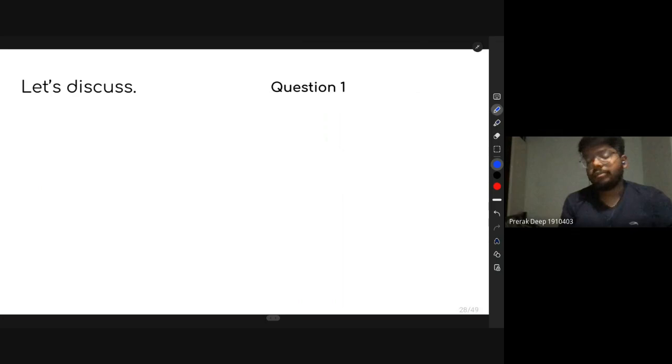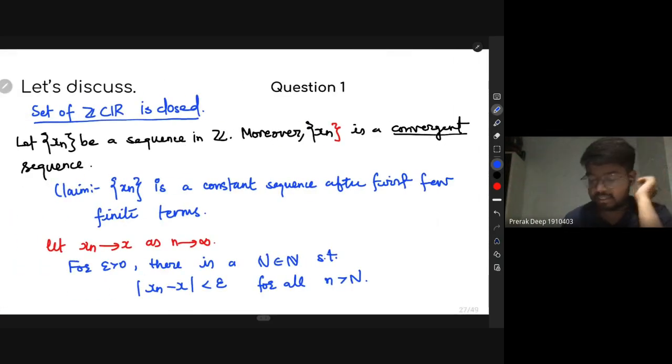So if I look at the neighborhood of x, which is a real number, this means that I'm looking at the epsilon-radius neighborhood centered at x, and it contains the terms of this sequence.